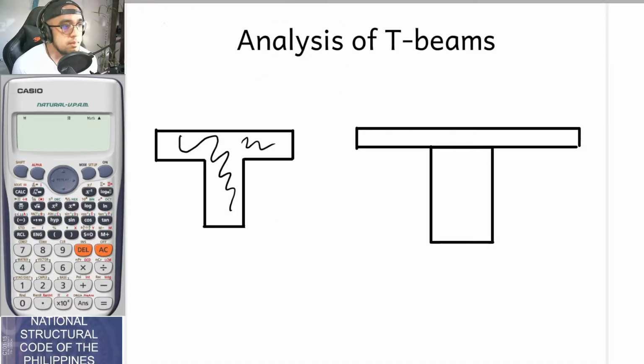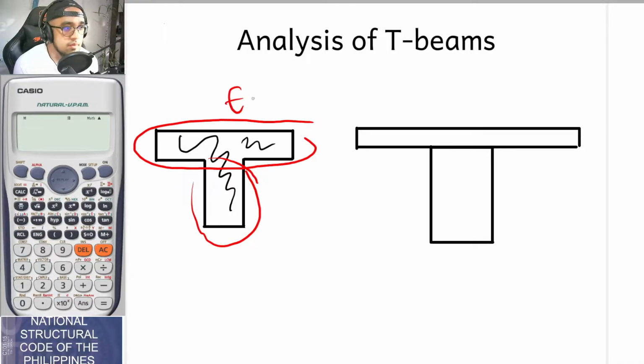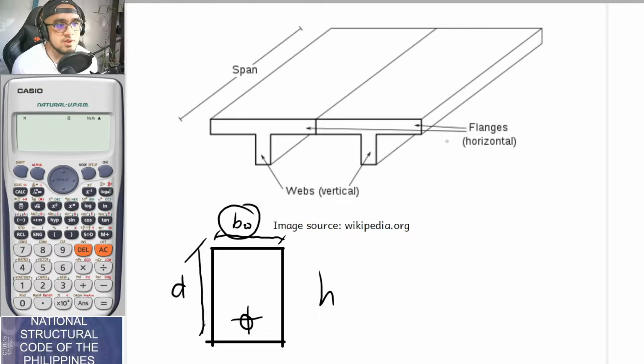In your T-beams, aside from having your web, let's say this is your web, the flange is this. Once again, this is your flange and this is your web. Moving forward, these are the flanges and this is the web. With that, this is now your base of the flange, BF.